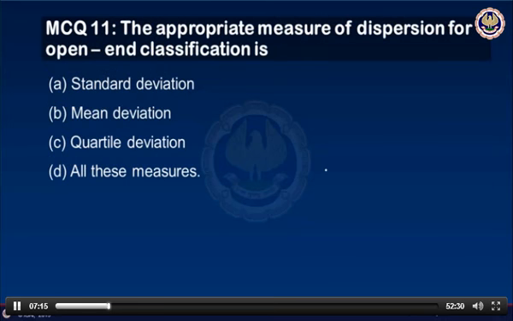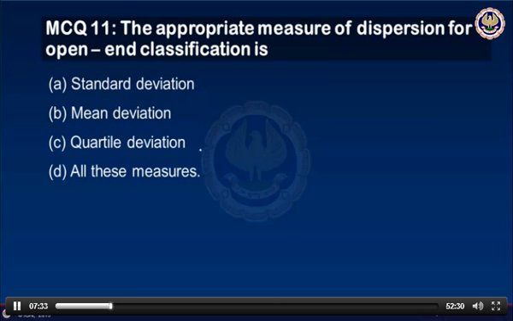Next, MCQ 11. The appropriate measure of dispersion for open-end classification is: A. Standard deviation, B. Mean deviation, C. Quartile deviation, D. All these measures.